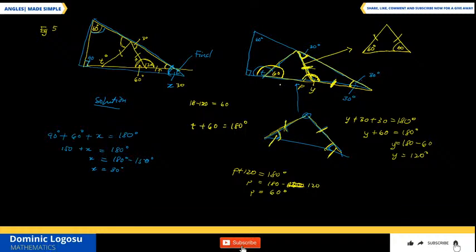Then we subtract and get 120 degrees. So T is equal to 120 degrees.